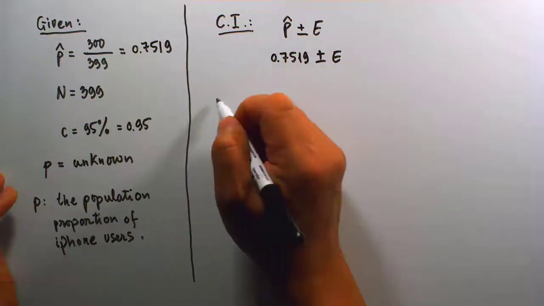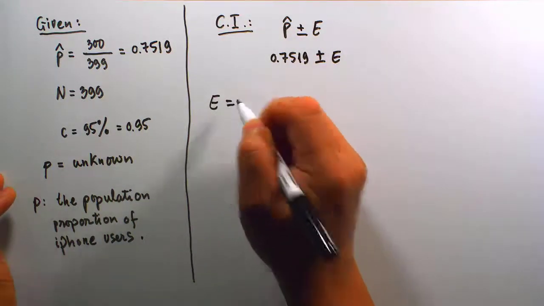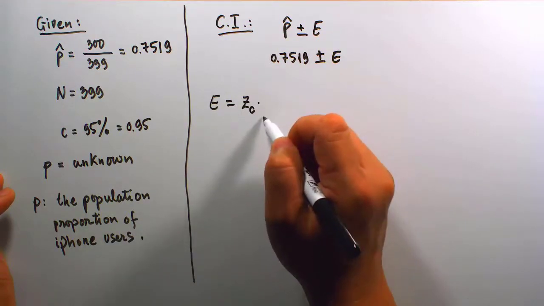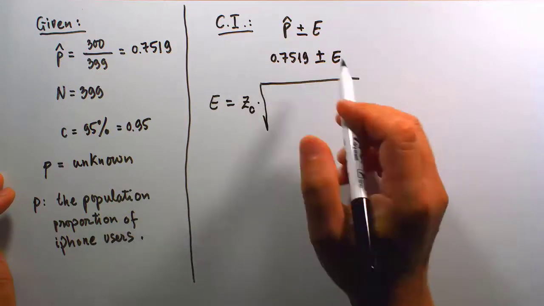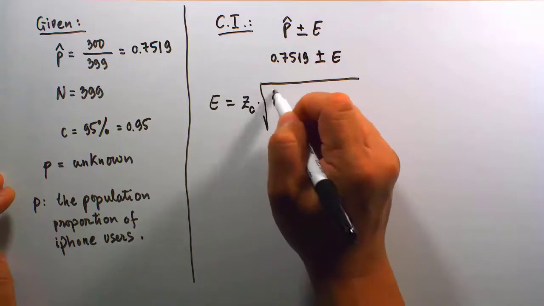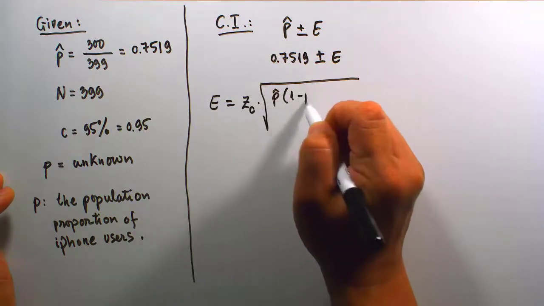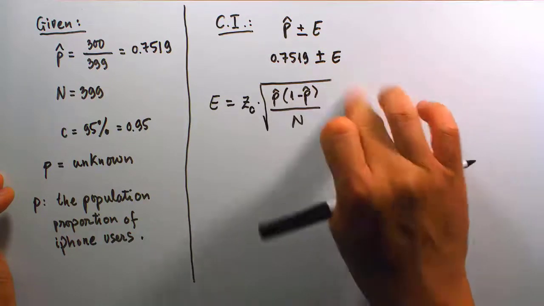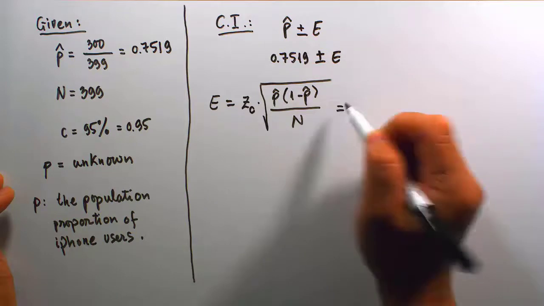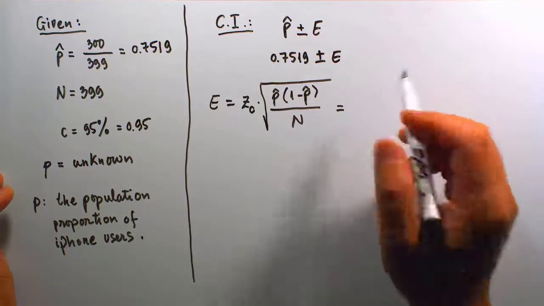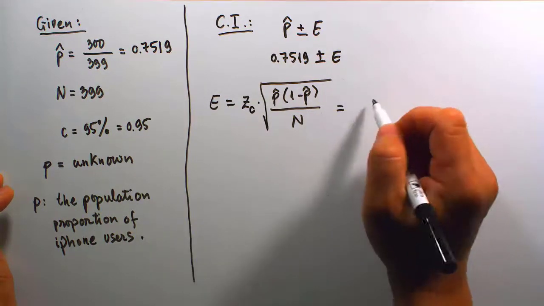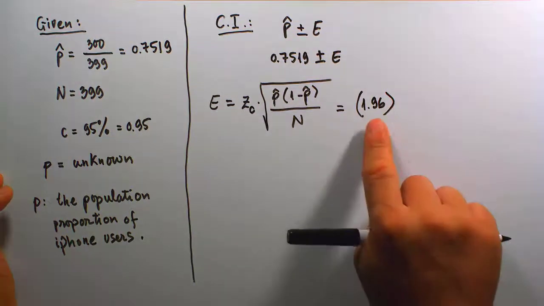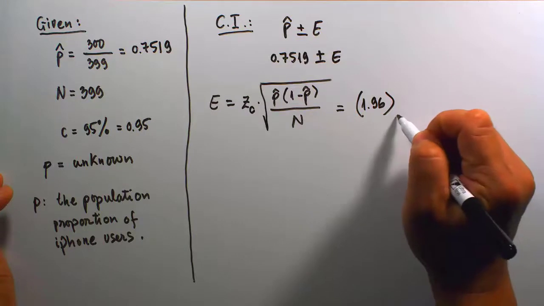So the margin of error formula is now ready. That famous formula where z sub c is multiplied with a square root expression, p hat times 1 minus p hat over n. Now with the values substituted in, 1.96 substituted for z sub c.